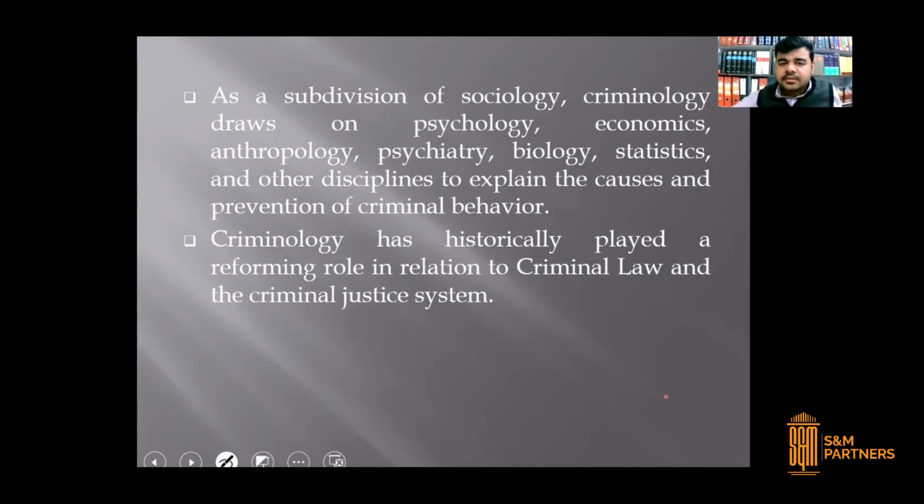The third is, since it is a subdivision of sociology, criminology draws on psychology, economics, anthropology, psychiatry, biology, statistics, and other disciplines to explain the causes and prevention of criminal behavior. So it has a wide scope.